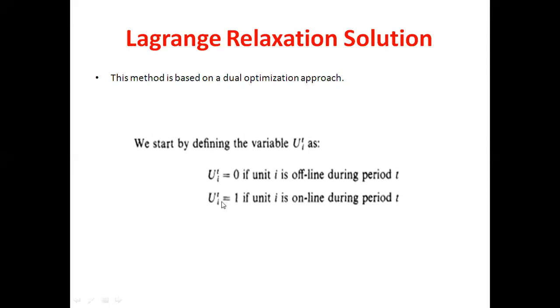Here i stands for the unit, the first unit, second unit, and t stands for the period, that is the first hour, second hour, third hour, fourth hour, in this way. And U_it equals 1 if the unit i is online during the period t. So when this variable U_it is 0, the unit is offline during the time period t, and when U_it is equal to 1, the unit i is online during the period t.